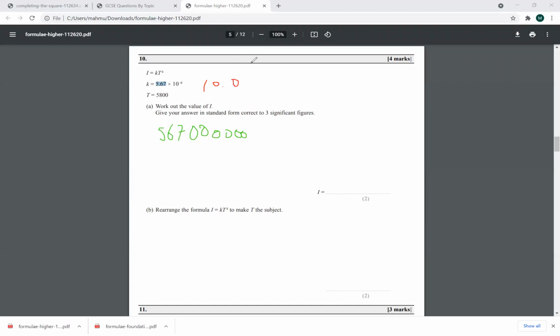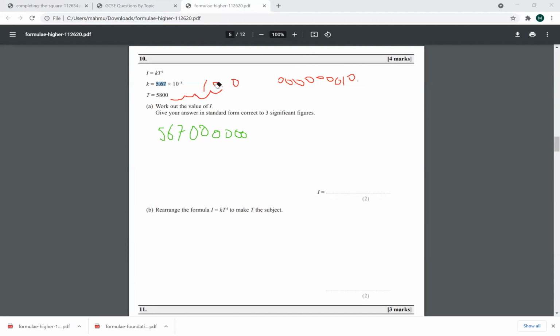In standard form, when it says minus 8, I move this dot 8 times to the other side. 1, 2, 3, 4, 5, 6, 7, 8. So I had the dot here, and I moved it 8 places. So I've got too many. So this is my new number.